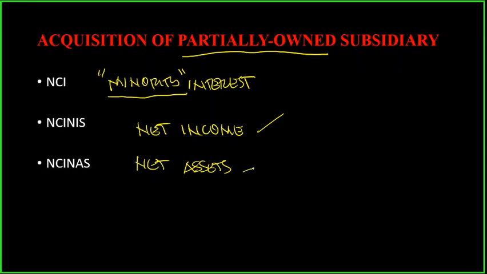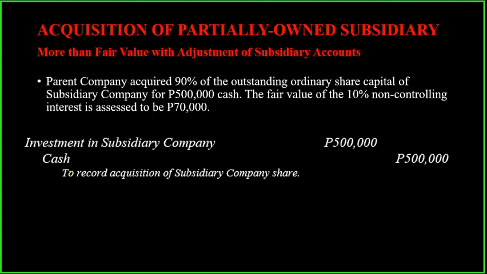This one in the balance sheet, specifically in the equity section as a separate item in the stockholders' equity section. So now you will have two items in the stockholders' equity section of the consolidated balance sheet: the equity coming from the parent and the equity coming from the non-controlling interest. Okay, let's have some examples.